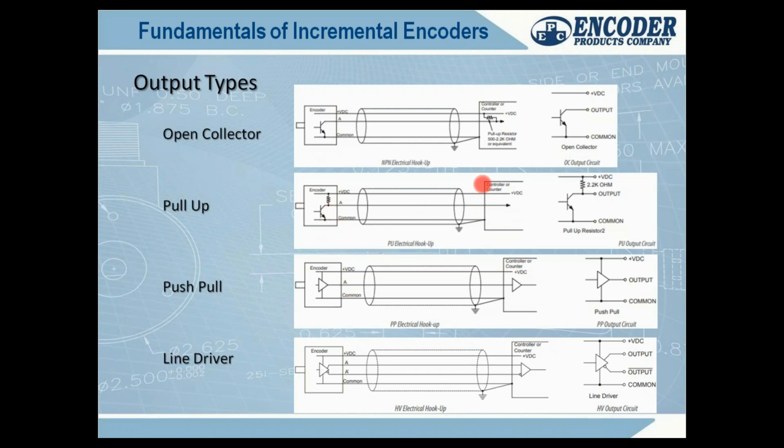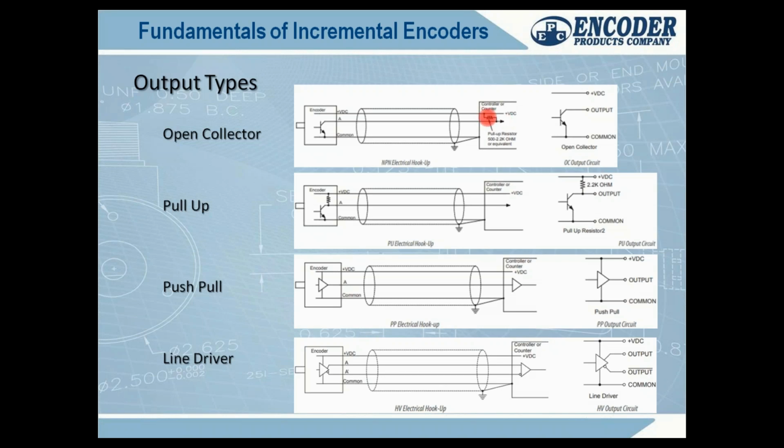What's unique about the 2 is that you need a pull-up resistor in an open collector type setup to see these square wave pulses. Well, if you're designing the system, you're probably going to want to choose a specific resistance for that pull-up resistor for rise time, how quickly it rises, or what final output voltage you want. So you're going to order open collector because that pull-up resistor is installed on the receiving end where you put it in.